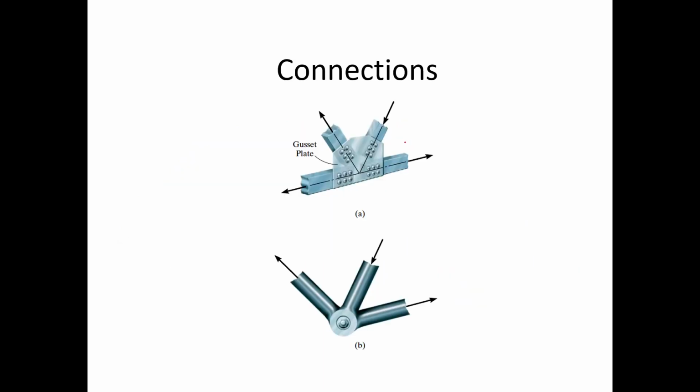Okay, so for connections, most likely the connections presented on site are bolted or welded. And again, we won't be tackling that part, but we'll be approaching our connections in a simple manner.